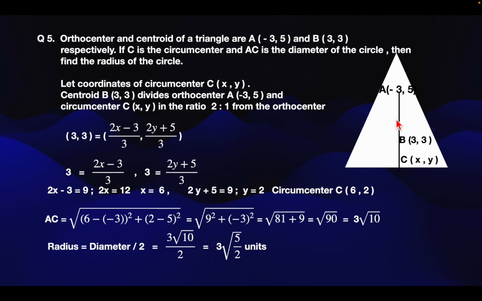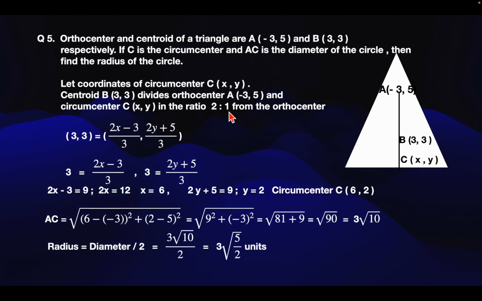Another important thing to remember is, the centroid will divide the line segment joining the orthocenter and circumcenter in the ratio 2:1. So here we know the ratio m:n.